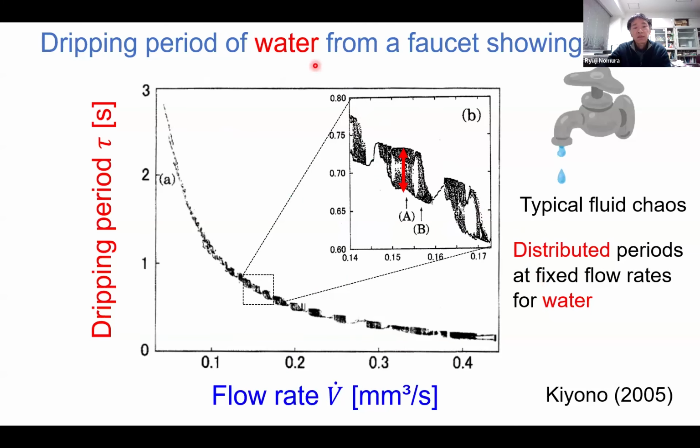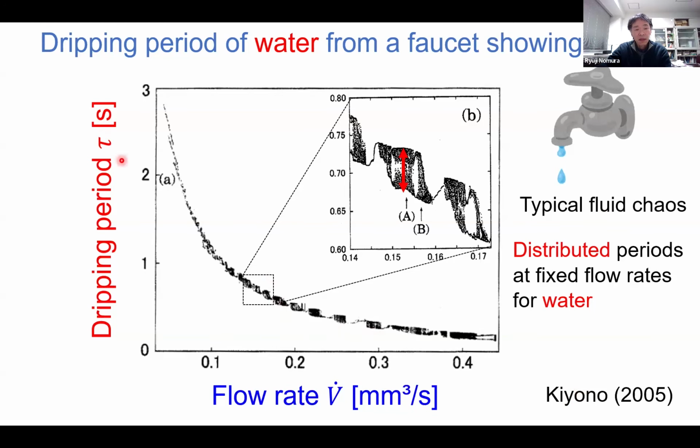Okay, and this behavior of the superfluid helium is quite different from the dripping period for water. This is a well-known example of water dripping from a faucet, and this is a well-known example of fluid chaos, taken by Kiono and others.